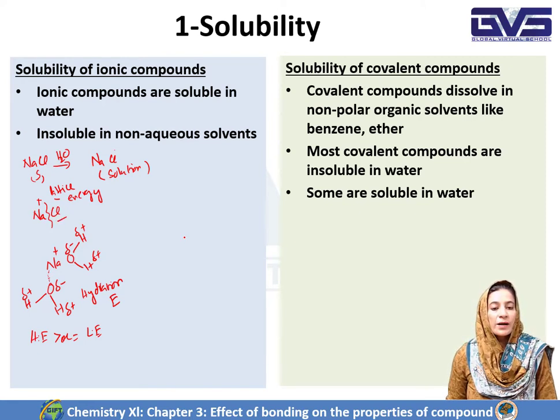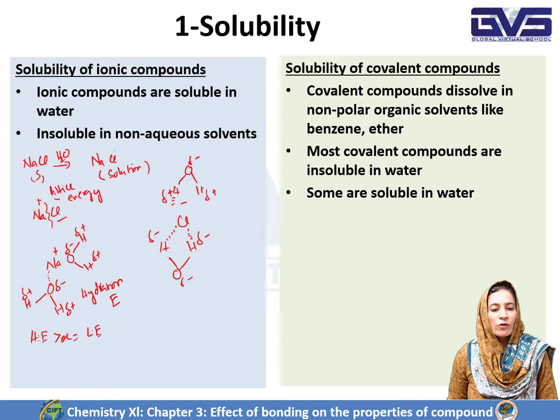Similarly, the other part is surrounded by water in this way. The positive end of the water and the negative ion form some bonding. Similarly, other water molecules also surround in this way, and they form the bonds.